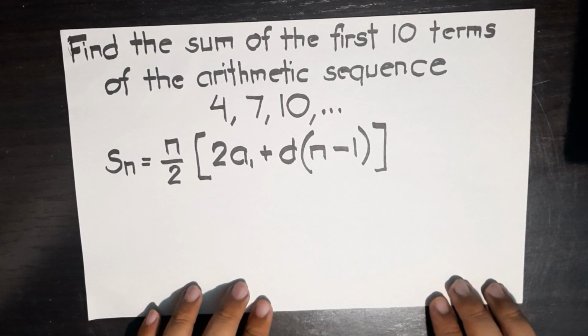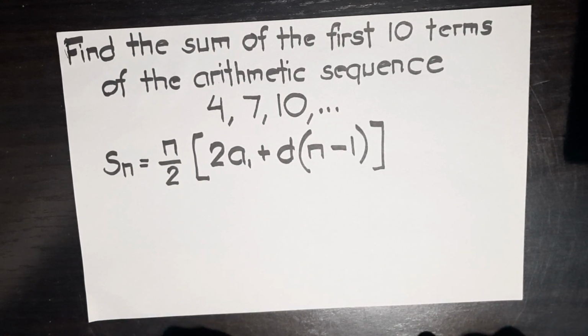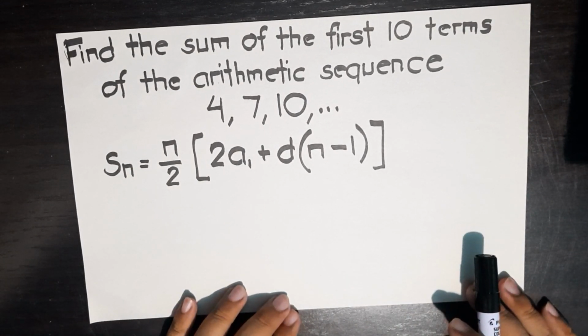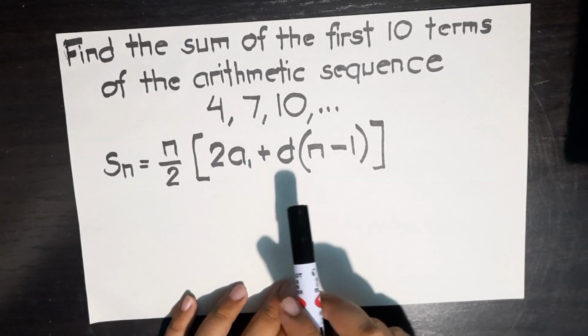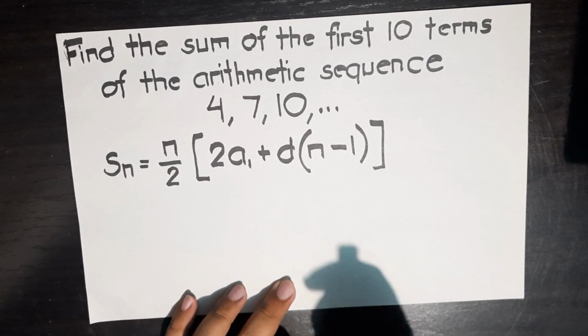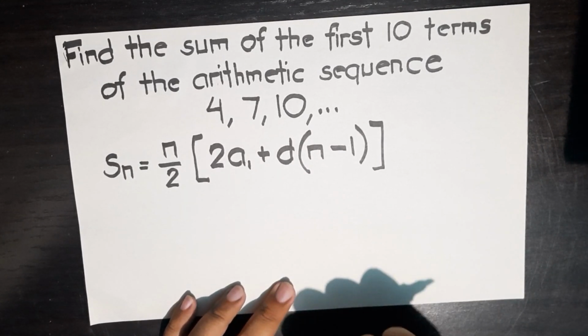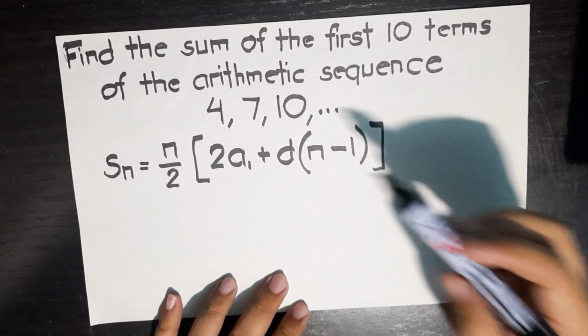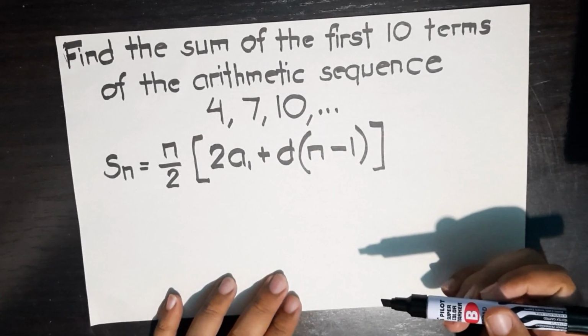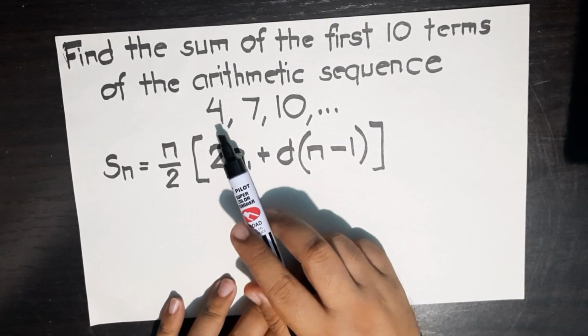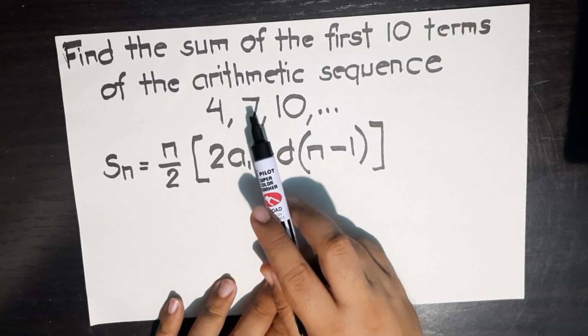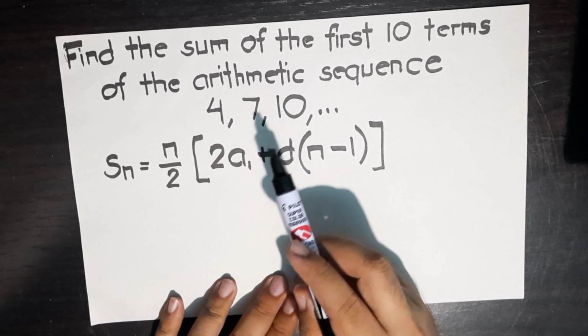For our first example, find the sum of the first 10 terms of the arithmetic sequence 4, 7, 10. Another way of solving this without using the formula is to list down the first 10 terms. The common difference is 3, since from 4 to 7 and 7 to 10 we are adding 3.